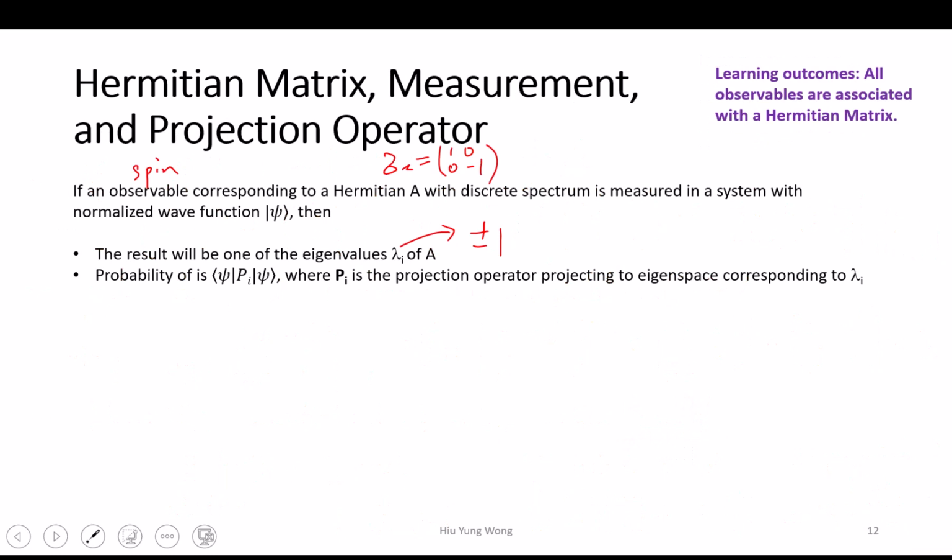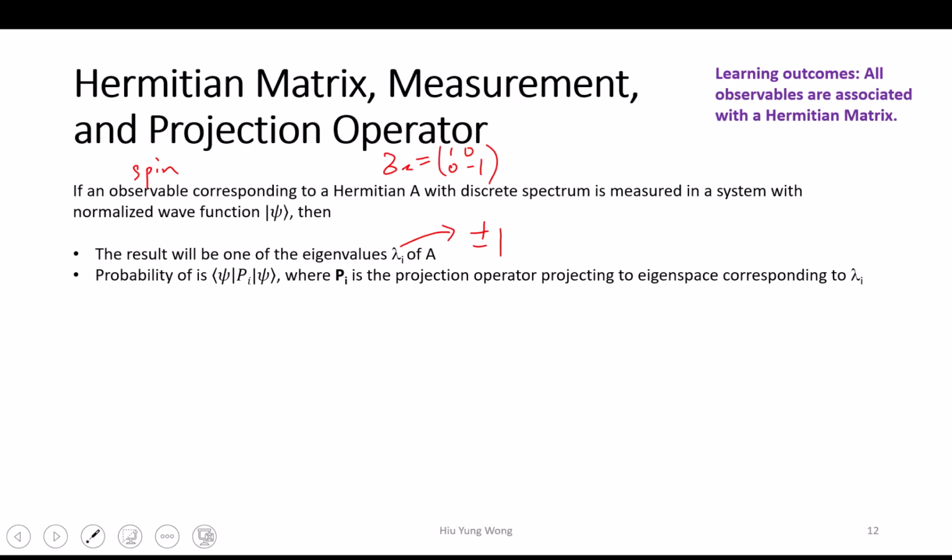And why? Because all of the observables will correspond to some Hermitian operator. For example, you measure the velocity, measure the position, or measure the spin up and down. You have a corresponding Hermitian operator.